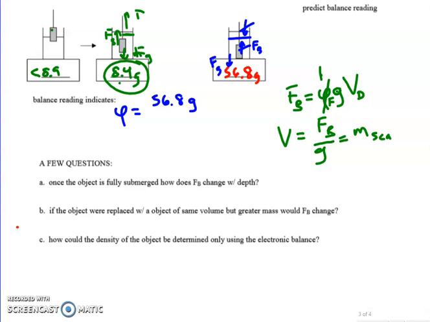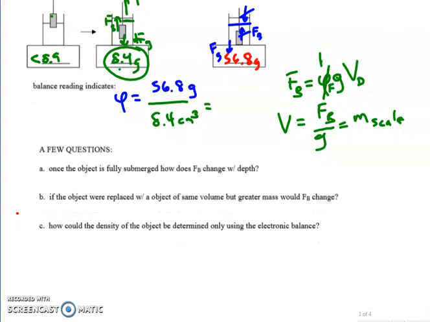In other words, the volume is this 8.4 grams, because we're using a fluid that has a density of 1. It's a really neat way of getting the equivalent volume. So I have 8.4 cubic centimeters here, and I divide, and I've got a very accurate density, assuming my scale is reading correctly. So that's kind of a cool problem.